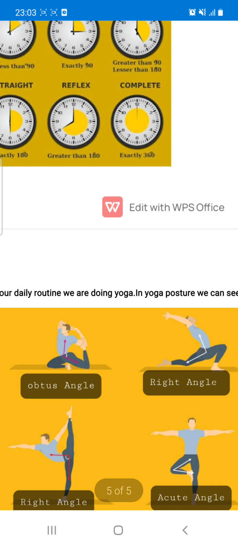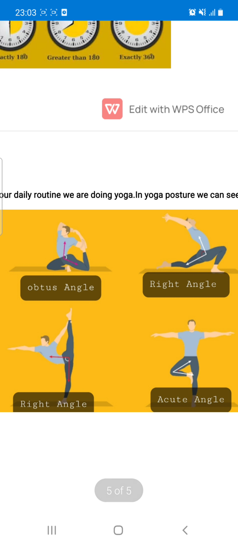Now yoga is a very important part of our life. In daily routine we do yoga or some exercise. You can see some postures of yoga in this picture.